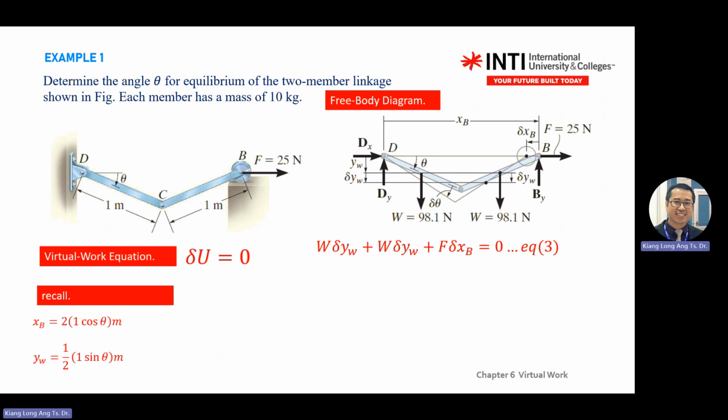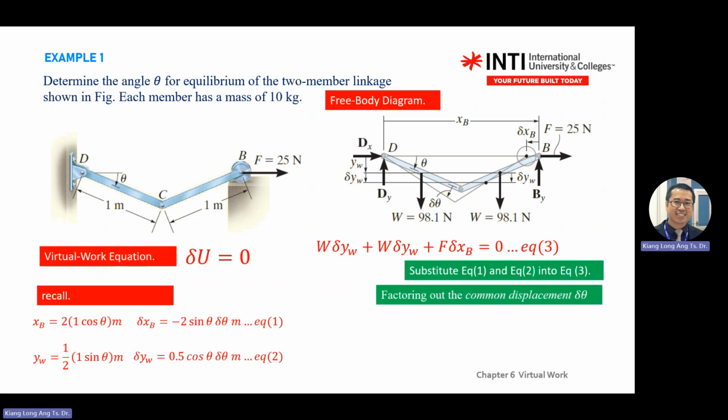Recall these two equations already derived, and the partial differentials of xb and yw, I will come back in the next lecture. So you substitute these two inside here and factor out the common displacement delta in these two equations. You arrive at this equation.